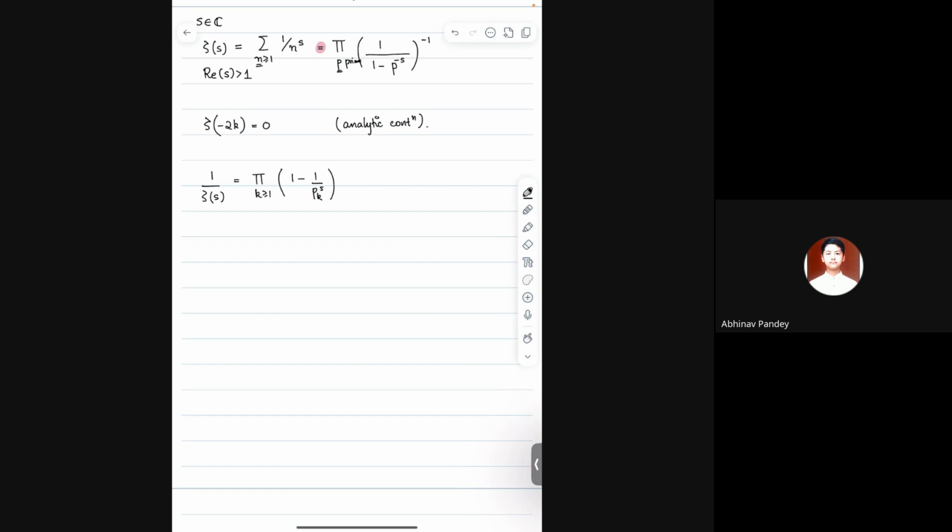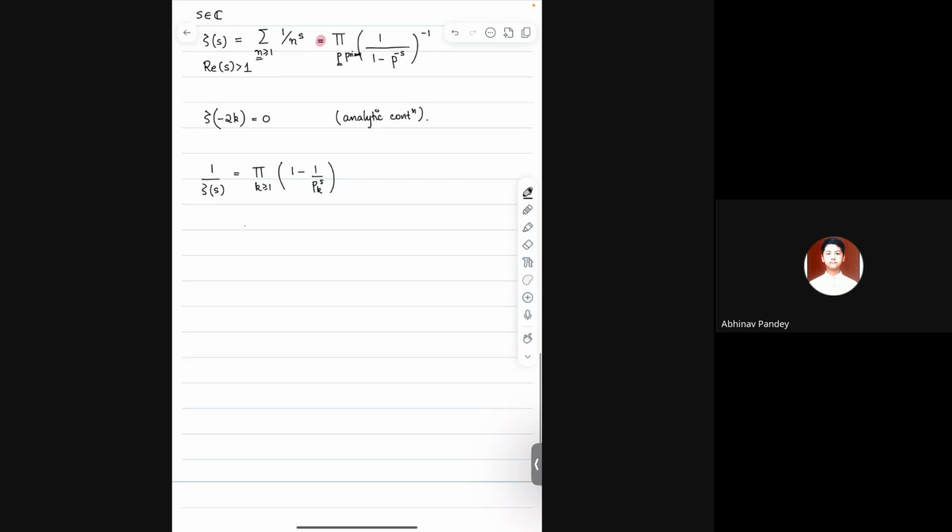So now if I break open this product, what is it? It is 1 minus 1 over P1 to the s times 1 minus 1 over P2 to the s, and so on. Now, if I do this product, see that it becomes 1 minus 1 over P1 to the s plus 1 over P2 to the s, and so on.